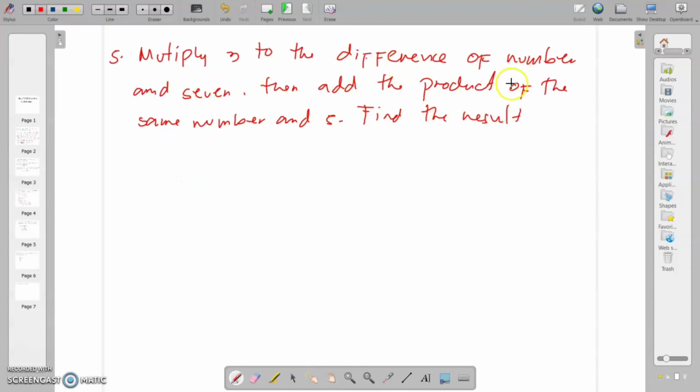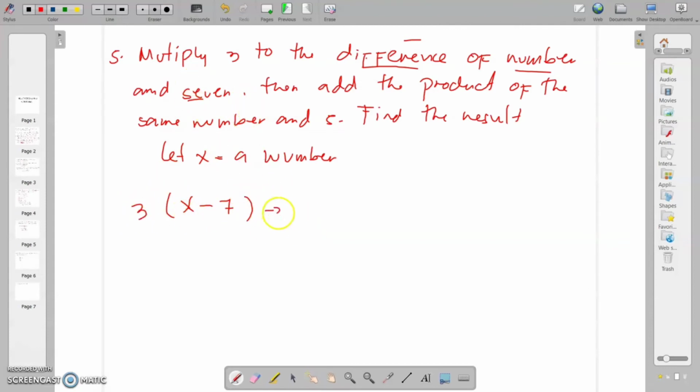So, sa number, mag-let ka. Let x equal a number. Then, substitute na. A number x, difference. From the word difference, minus na yan. Minus 7, then multiply by 3.